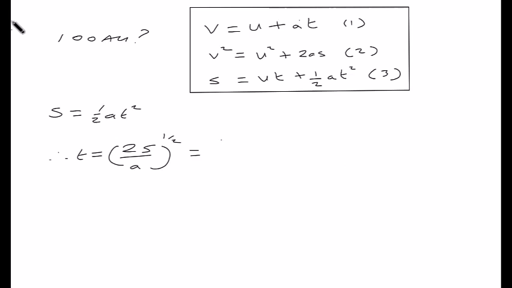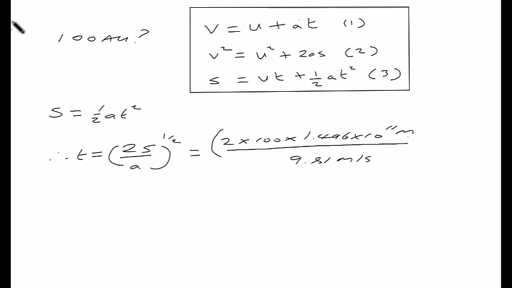we end up with 2 times 100 AU times 1.496 times 10 to the 11 meters. That is the definition of 1 AU. All divided by the acceleration rate, which is 9.81 meters per second squared, all to the power of a half.